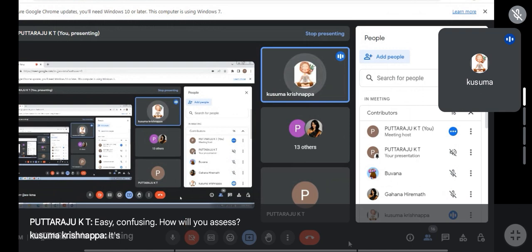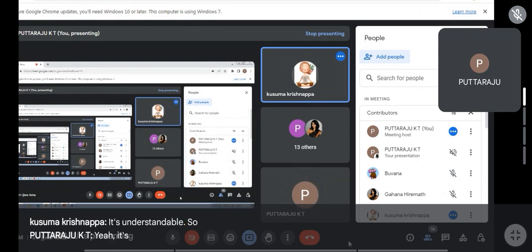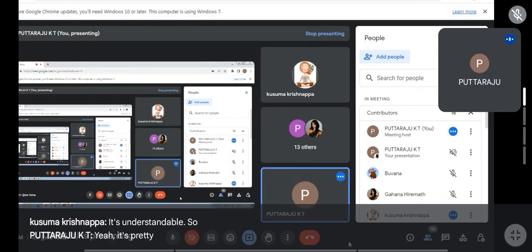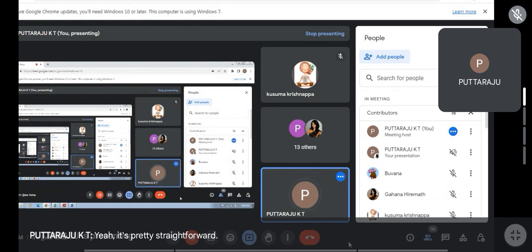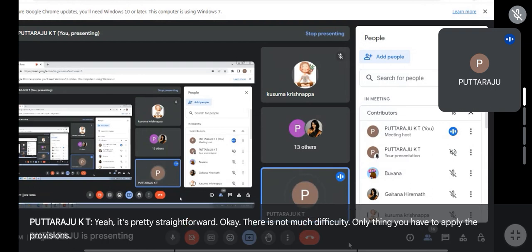It's understandable, sir. It's pretty straightforward. Okay, there is not much difficulty. The only thing is you have to apply the provisions and determine in whose hands which income is taxable. That's it.